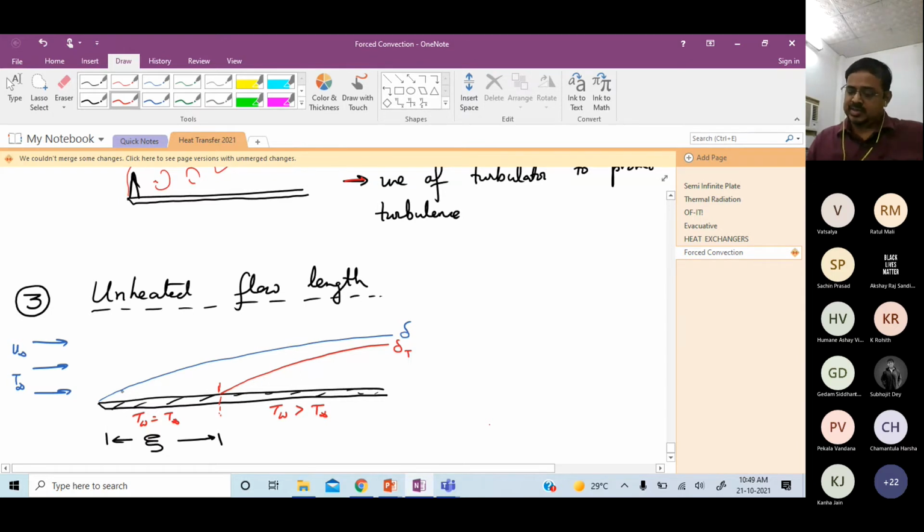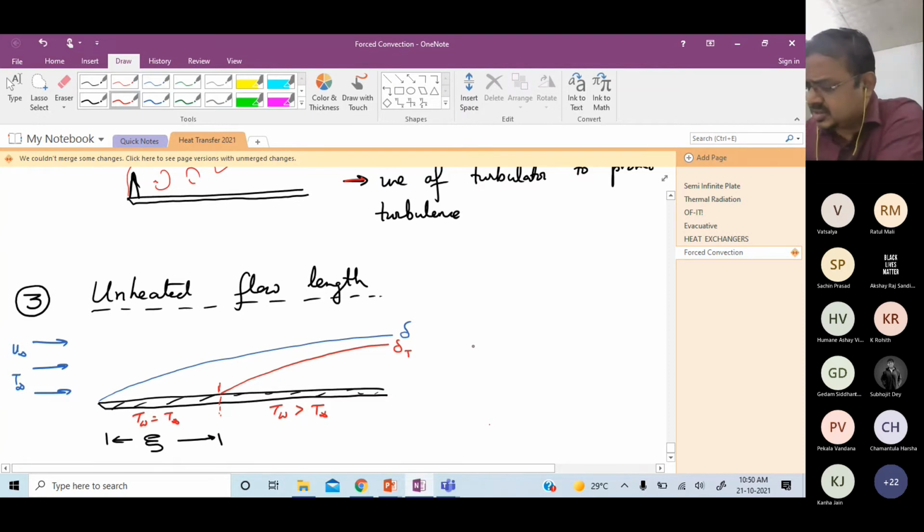So under normal circumstances, the momentum boundary layer should have been thinner than the thermal boundary layer. The thermal boundary layer would have been thicker. But because the thermal boundary layer started developing later compared to the momentum boundary layer, it is thinner, at least the way I have drawn. Maybe beyond a certain length, it will go past the momentum boundary layer. Okay. So keep this in mind.